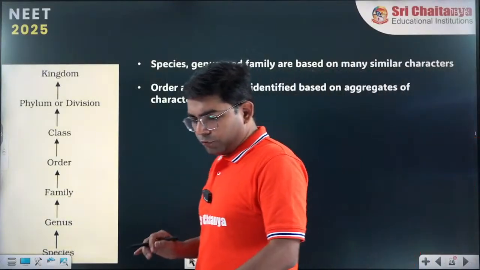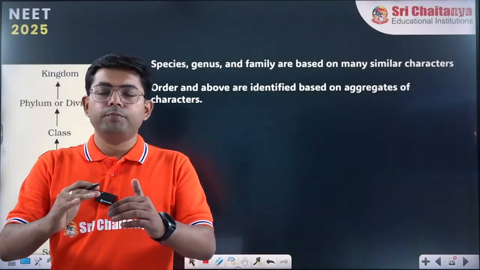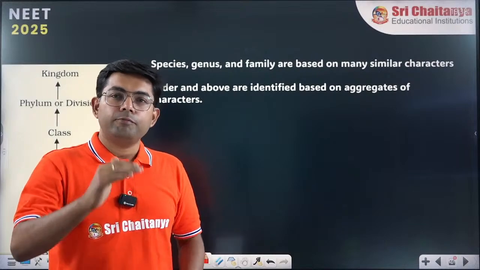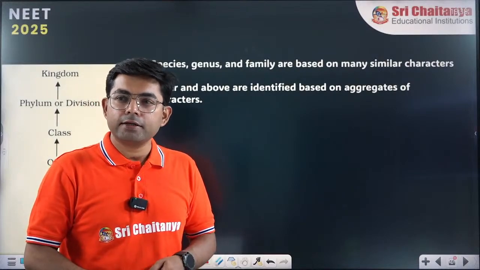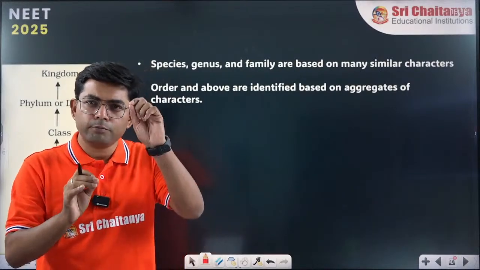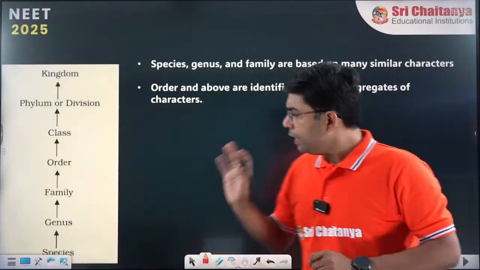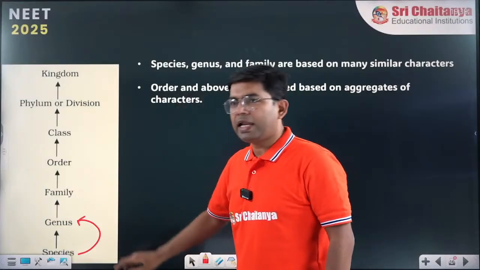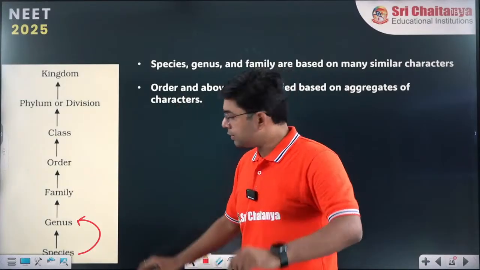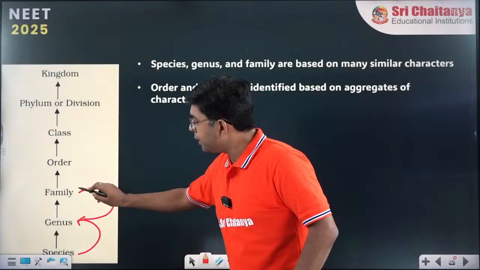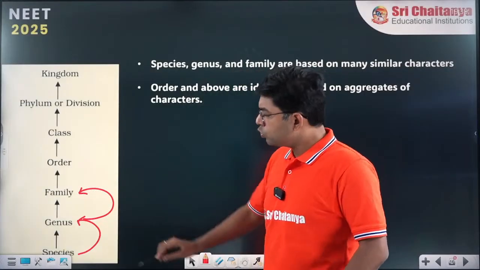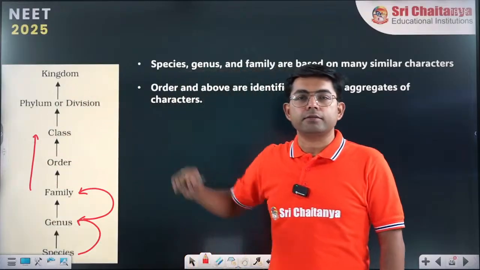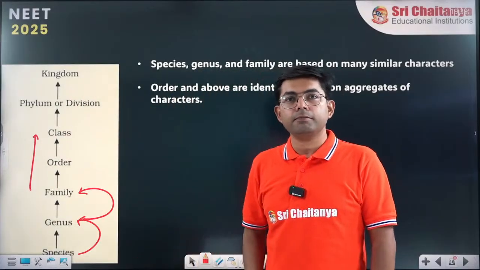Now further, after family will be the order. Order will have even less similar characters, but before going into order, understand one thing here. Till now, from species to genus, similarity in character decreases. Further, similarity in character decreases. As you go upward, the difference keeps on increasing, so similarity keeps on decreasing.